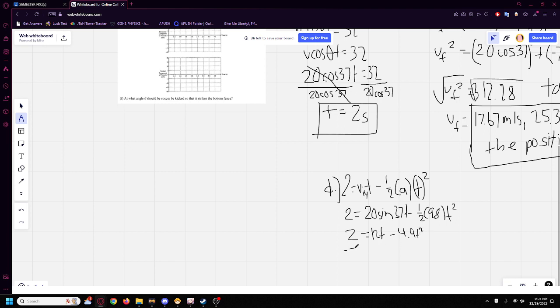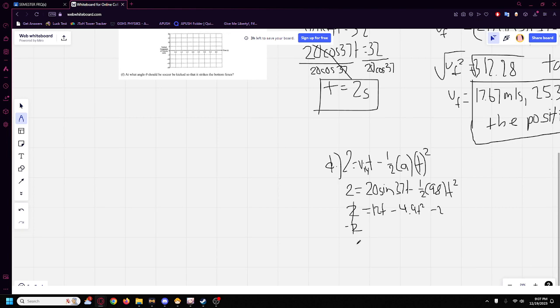So you subtract 2 from both sides, and you plug it in the quadratic solver to find how long it takes for the ball to reach 2 meters.